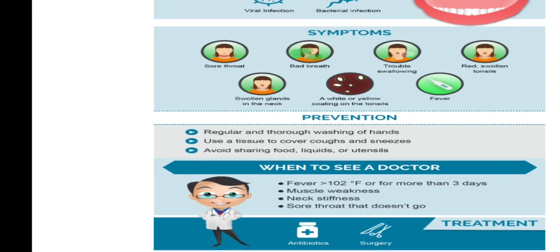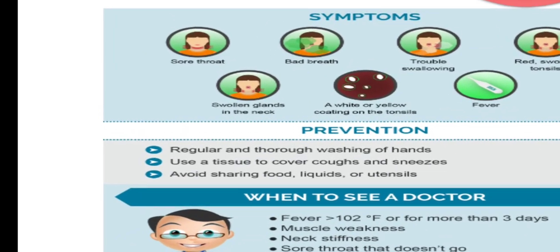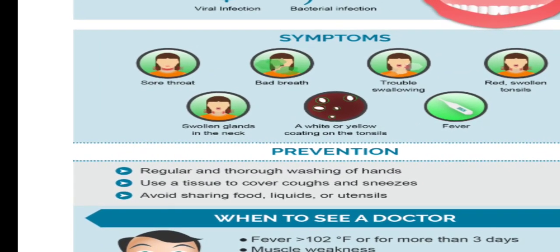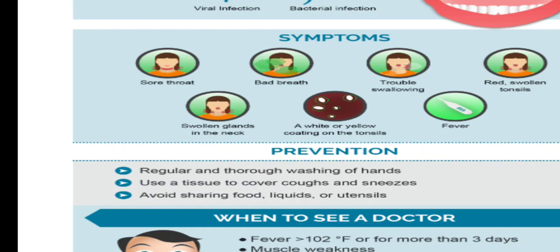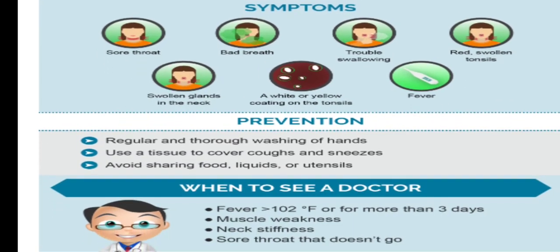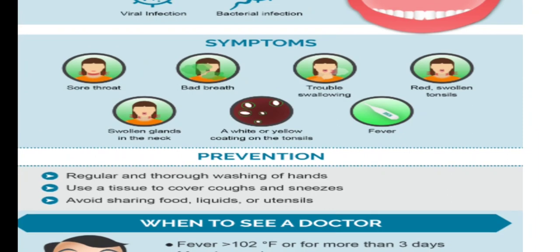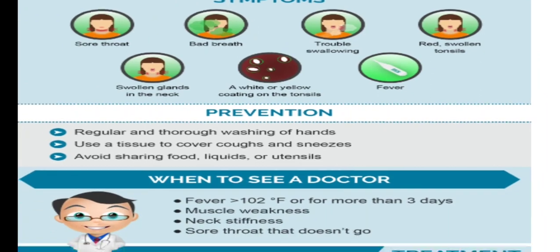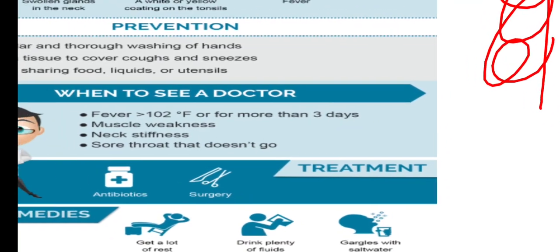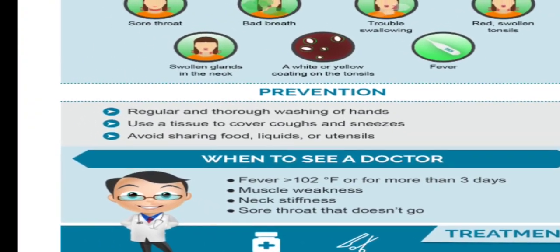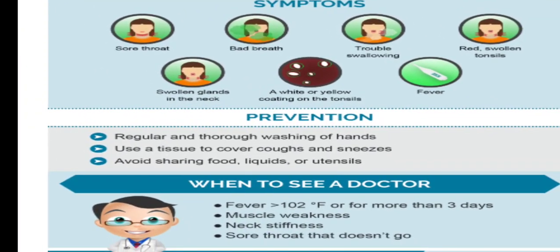The symptoms include sore throat, bad breath, trouble in swallowing, fever, as well as red and swollen tonsils. Tonsils increase in size, turn reddish in color, and swell up. If we talk about prevention, how can we prevent tonsillitis?